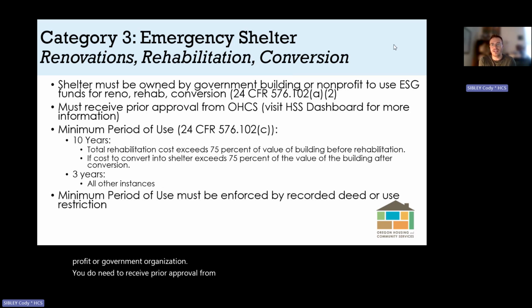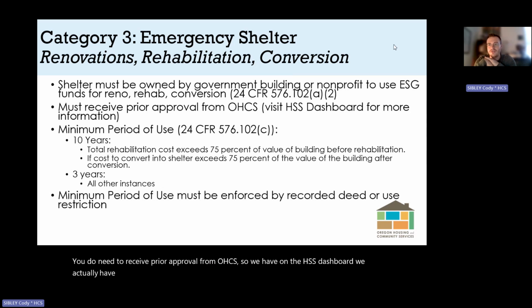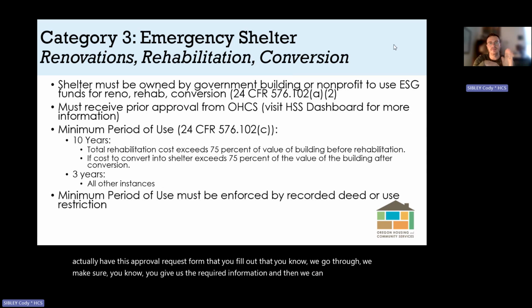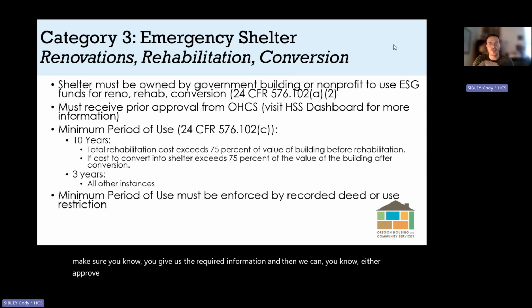So we actually have this approval request form on the HSS dashboard that you fill out. We go through it, we make sure you give us the required information, and then we can either approve the rental rehab conversion, or if it's missing some information or if we need more information, we'll let you know.